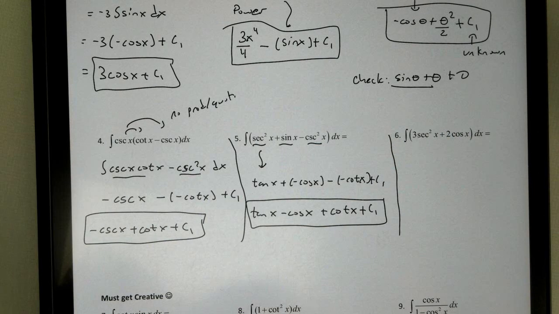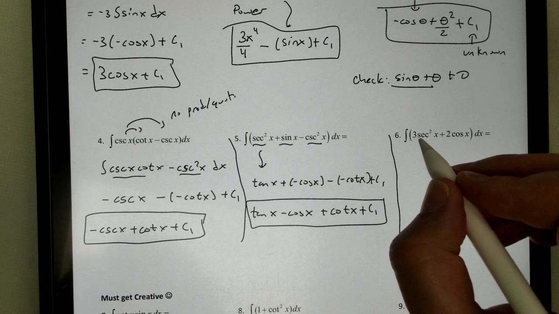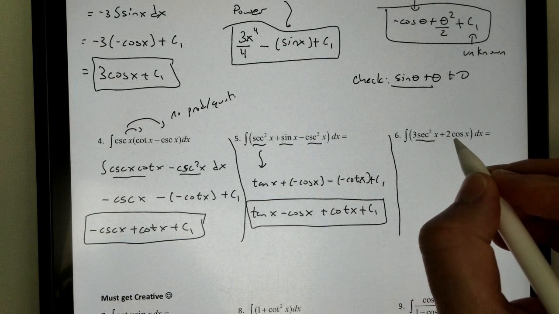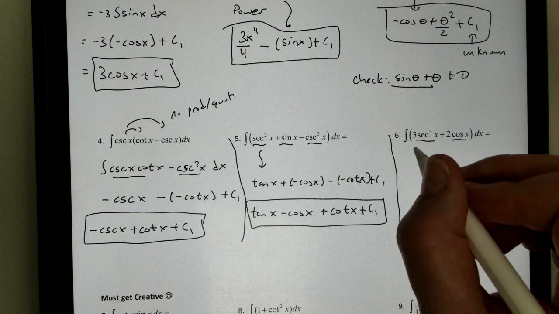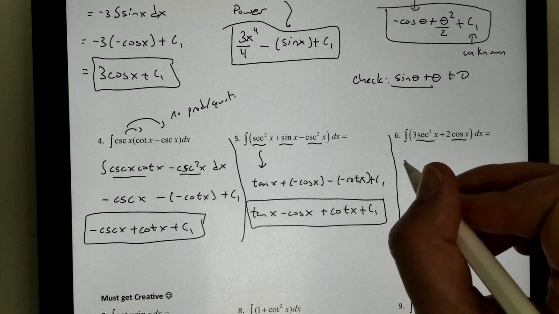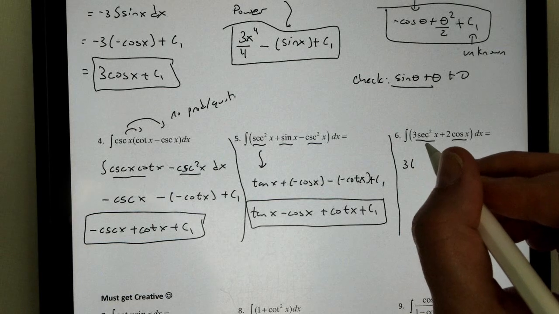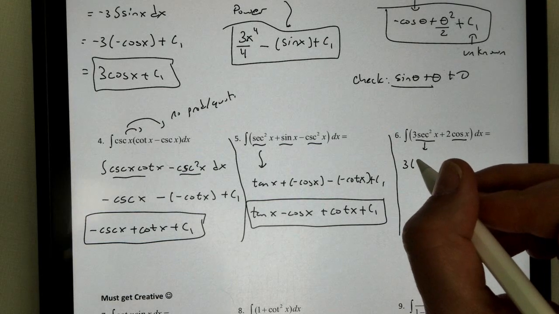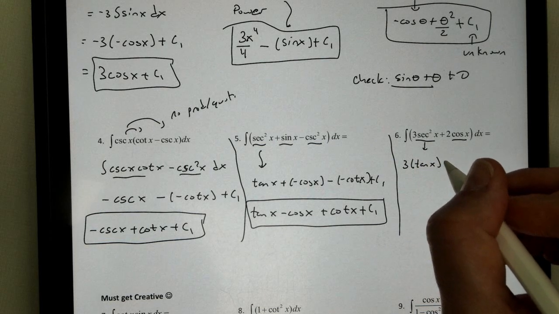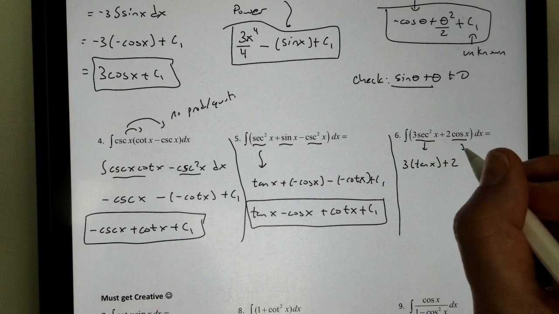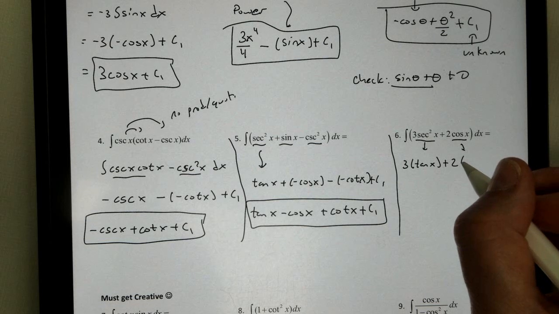All right, for number 6, try this one. Well, this is my secant squared and my cosine. I know both of those. Those are on our list. So the first one has a constant of 3, so we're just going to leave it 3. Secant squared, the derivative that gives us secant squared, is tangent of x plus 2. And cosine, well, what function is the derivative of cosine?